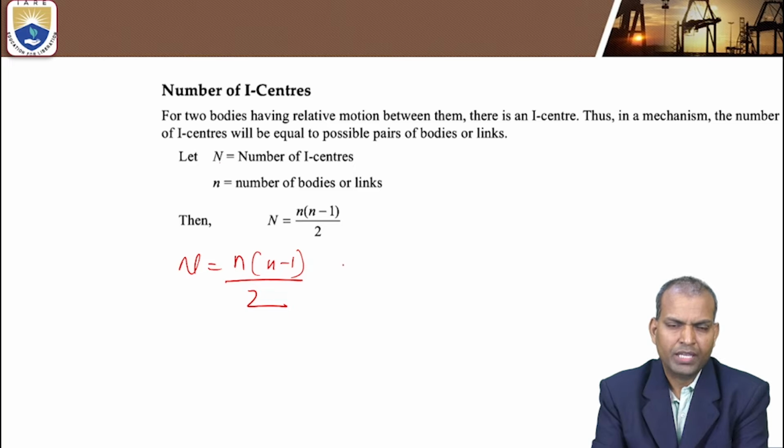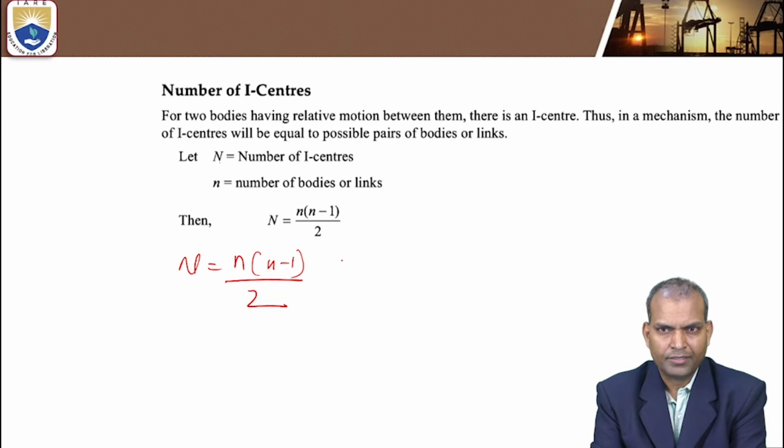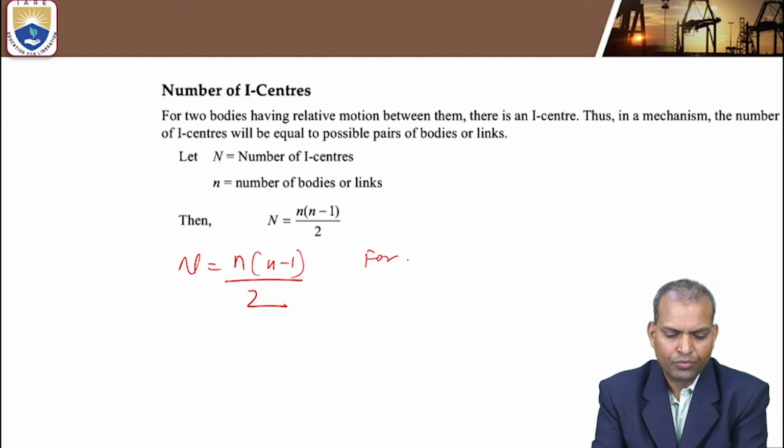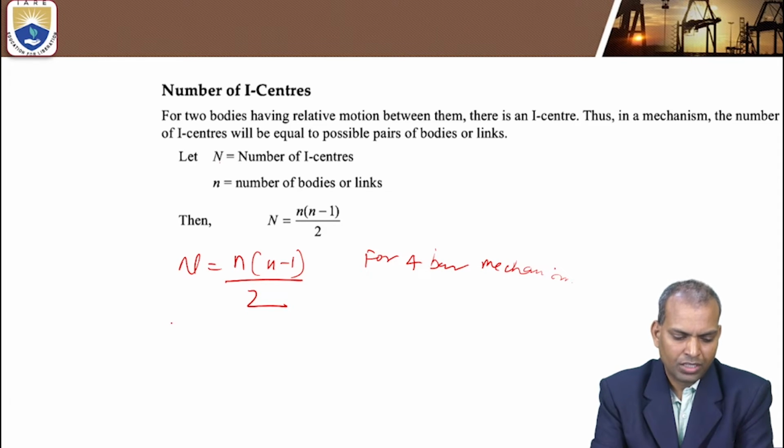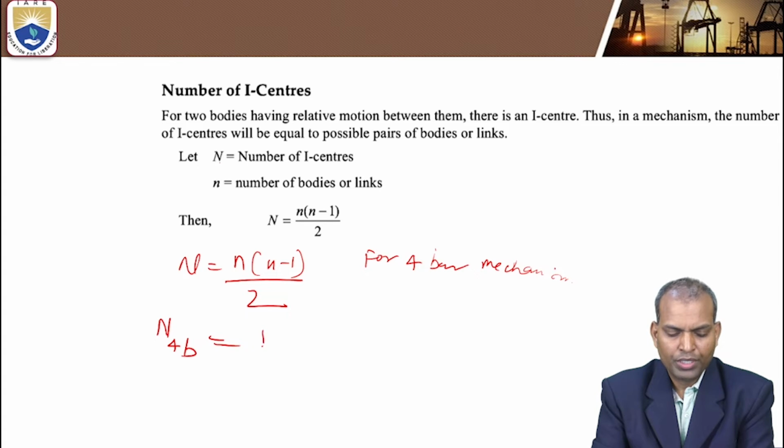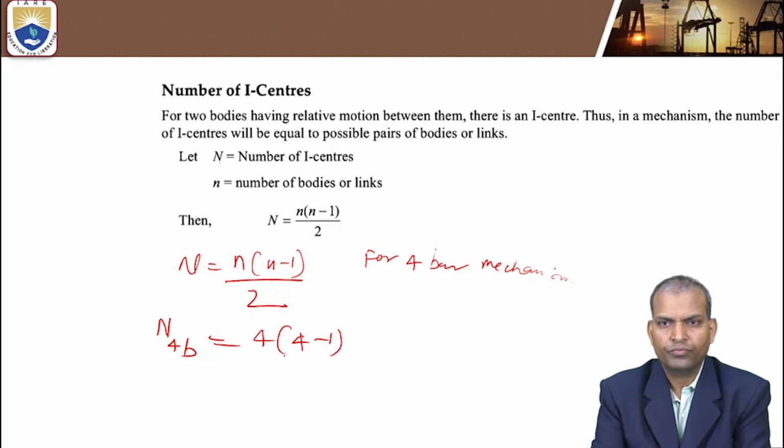Suppose for a 4 bar mechanism, what is the number of I centers? It is 4 into (4 minus 1) by 2, that is 6.